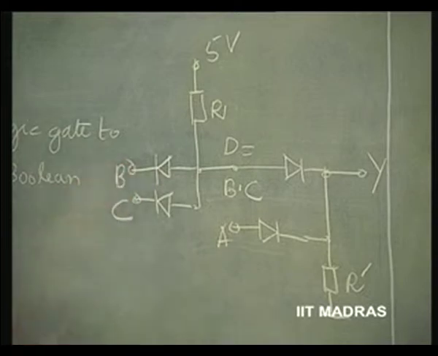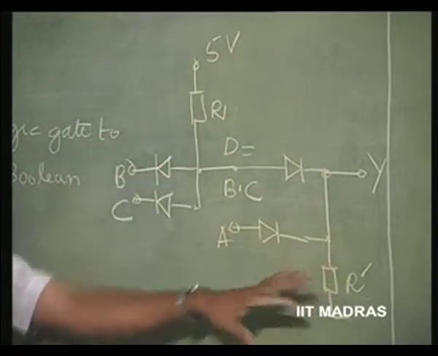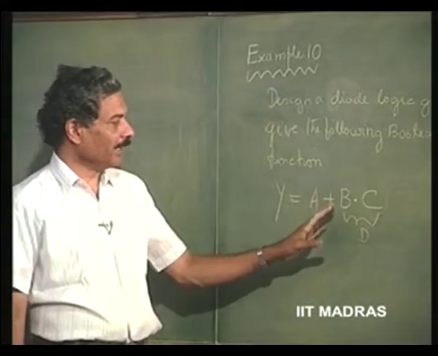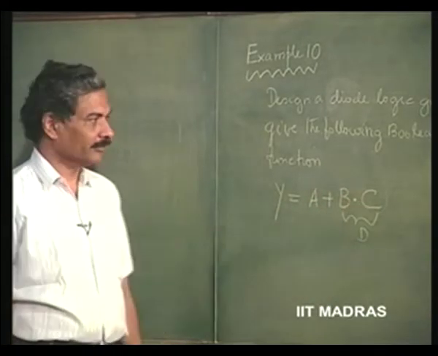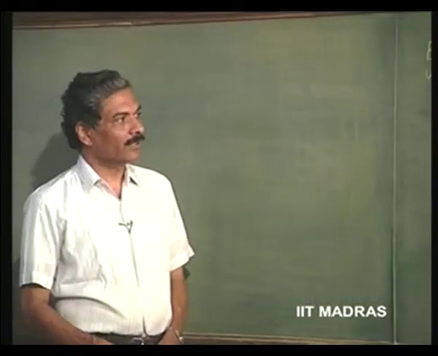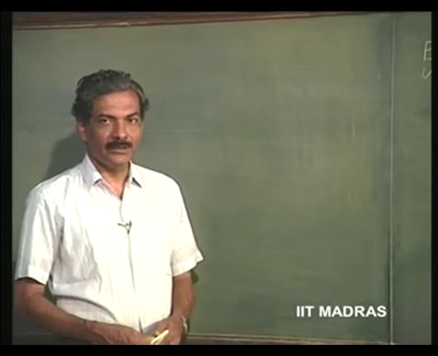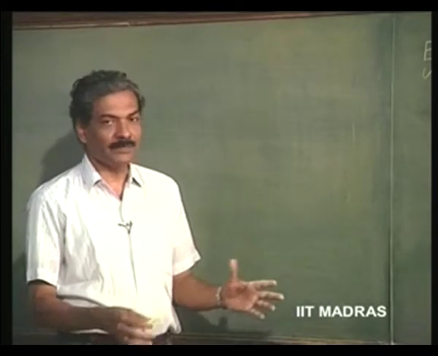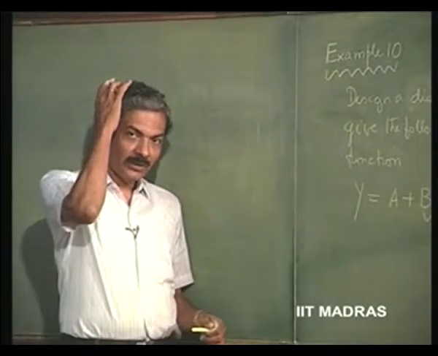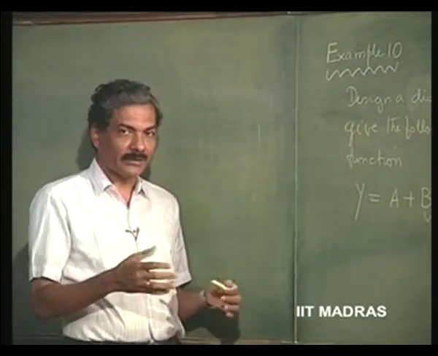So, this is the schematic which will give me the Boolean function y is equal to a plus b dot c. So, likewise you can cascade these together to get fairly complex Boolean functions, except that you will not be able to obtain any NOT operation in this.